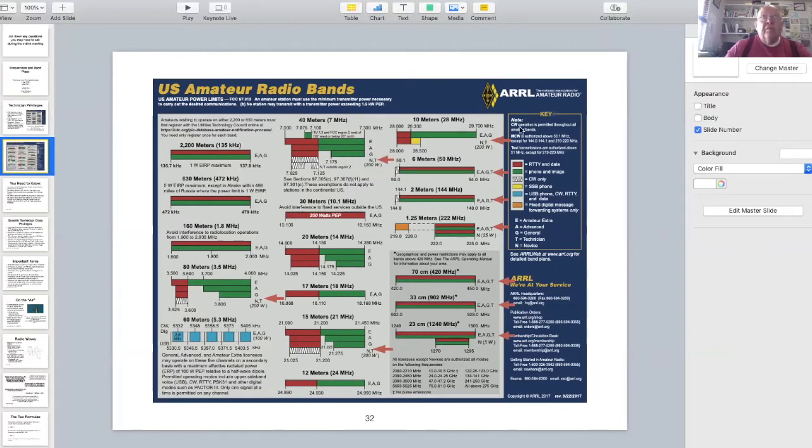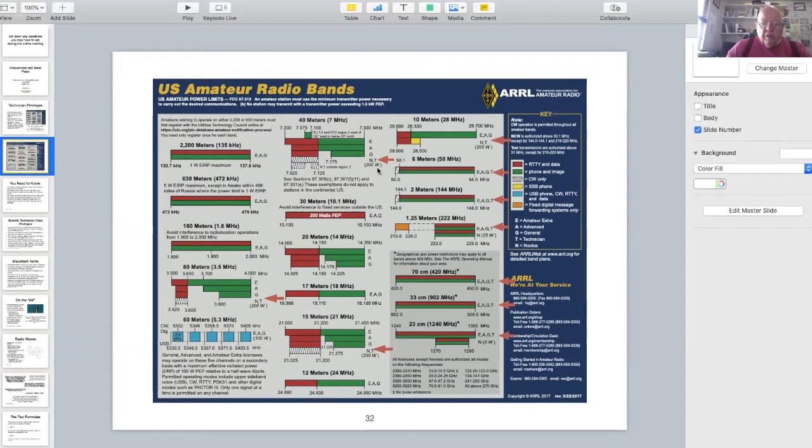The next line, with the zigzags, denotes the frequency range available to technician and novice class license holders. Note that this is CW, meaning Morse code only, and that the power is limited to 200 watts. The bottom line, again with zigzags, shows the frequency allocation for novices and technicians outside of ITU Region 2.